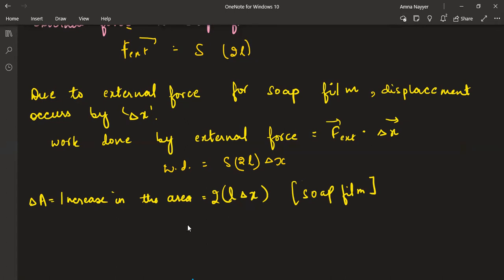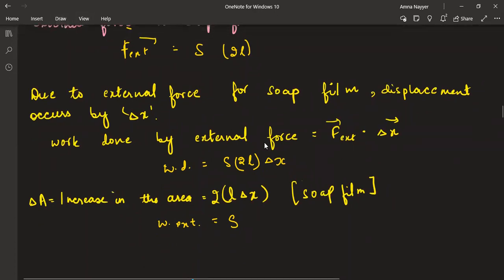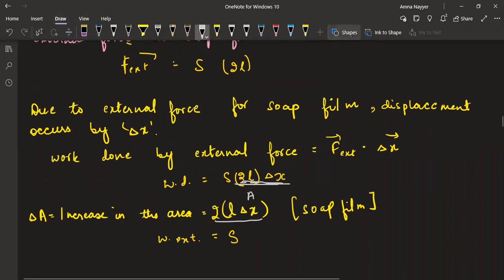Now see, when you write the work done by the external force, look here, class. 2L delta X. What is this quantity? This is area. So here you will put surface tension into area.